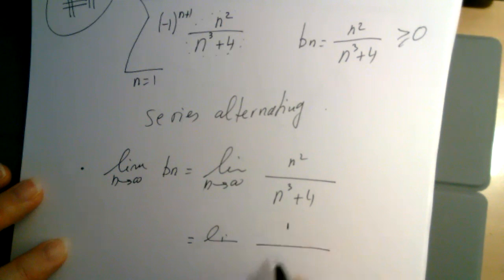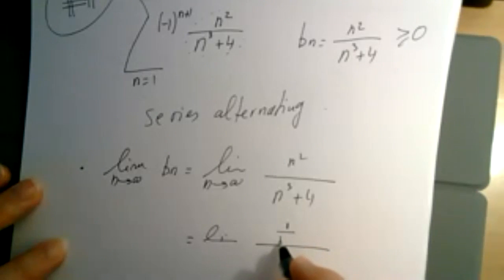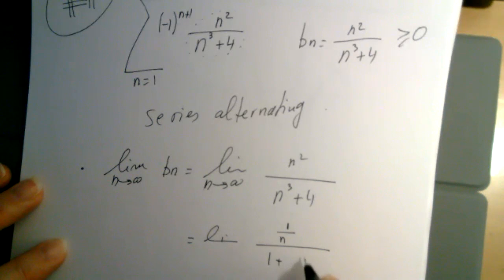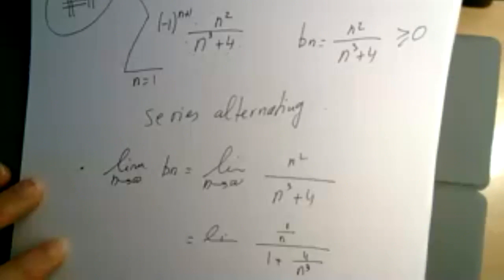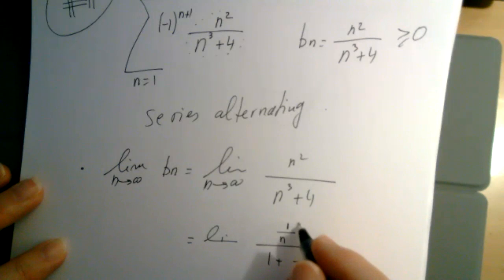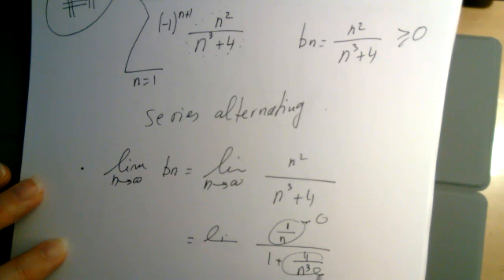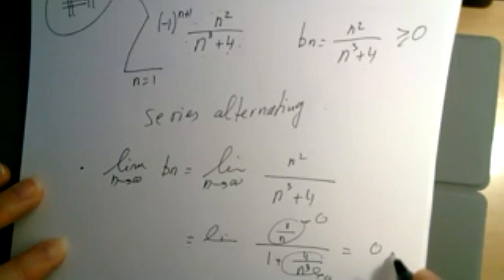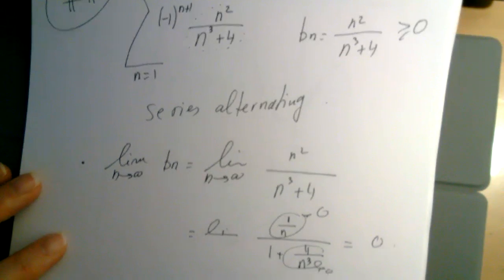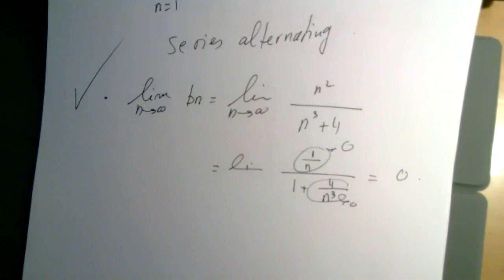I would get 1 over n, over 1 plus 4 over n^3. As n goes to infinity, this goes to 0 and this goes to 0, so I will have 0 over 1, which is equal to 0. So condition 1 is satisfied.